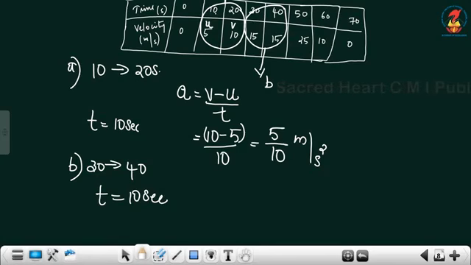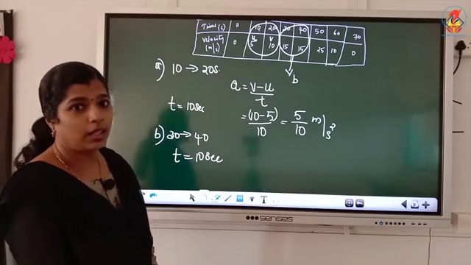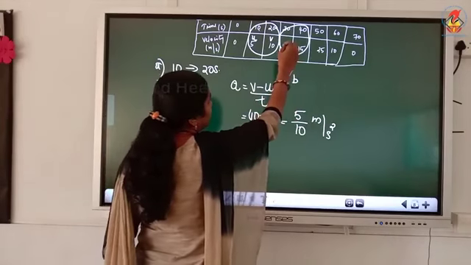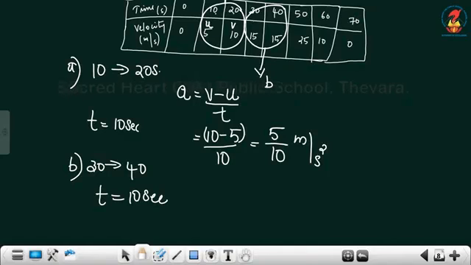Now, what is the change in velocity? Here it is 15, here also 15. Is there any change in the value? 15 and 15, there is no change in the value.